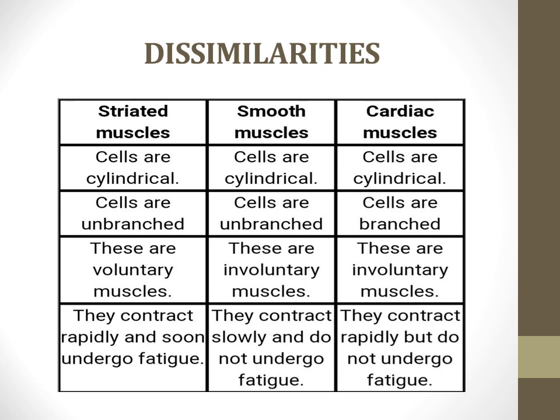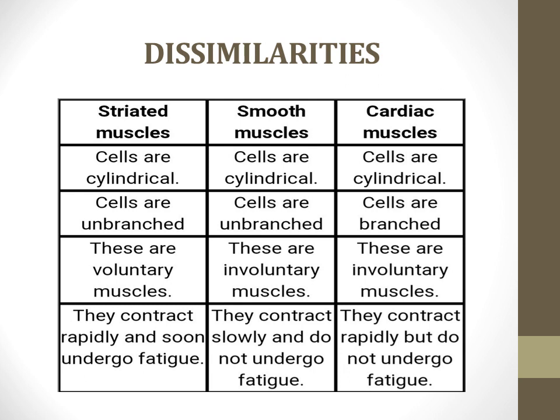Then let us see some dissimilarities among striated muscles, smooth muscles, and cardiac muscle. Some similarities as well as dissimilarities are mentioned there. First, striated muscles: the cells are cylindrical in shape. In smooth muscles also the cells are cylindrical in shape, and in cardiac muscles also the cells are cylindrical in shape, right?